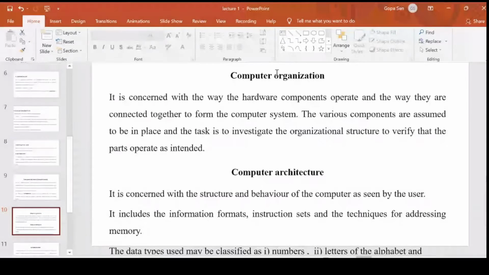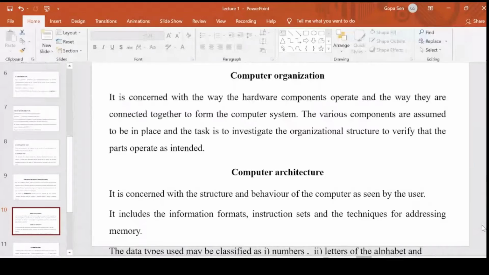So by the term organization, we understand that the hardware components are already there. The designer has designed the machine. The organization specifies the hardware components as well as how they operate, and verifies that the parts operate as was intended by the designer. That is the purpose of computer organization.